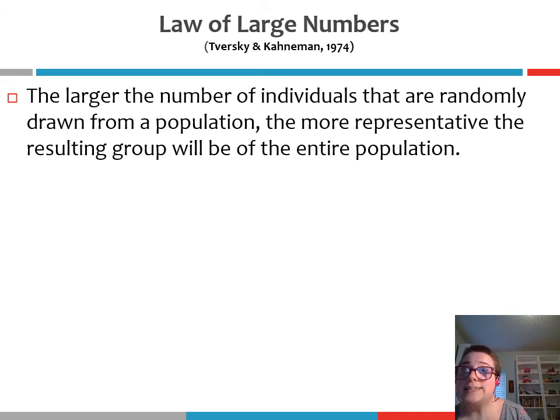Okay, so let's think about why this might be the case, right? So imagine there is a very small hospital that records only 1 birth on each day, okay? So only 1 baby gets born each day. Over a period of a year, or 365 days, we have 365 births, with about 50% being boys and 50% being girls.